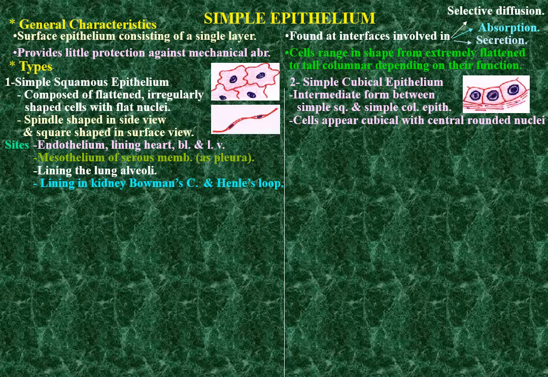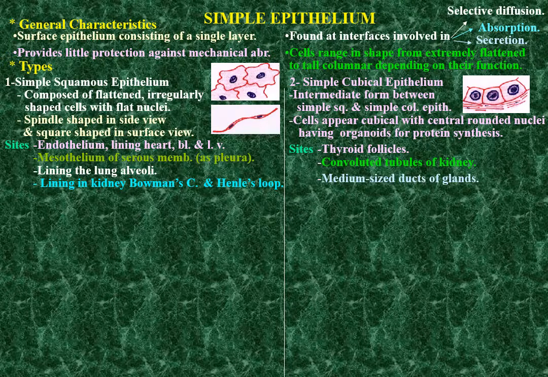The epithelial cells appear cubical with central rounded nuclei, having organoids for protein synthesis, that is, rough endoplasmic reticulum, Golgi apparatus, and secretory granules. Sites. Simple cubical epithelium is found lining the thyroid follicles, the convoluted tubules of the kidney, and the medium-sized ducts of the glands.